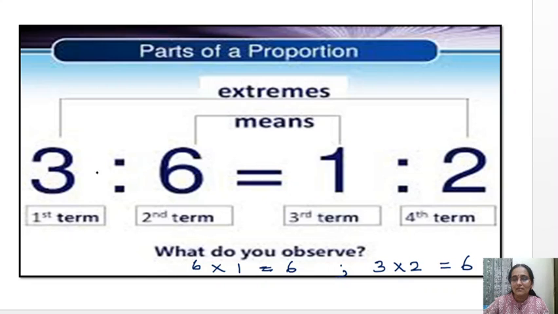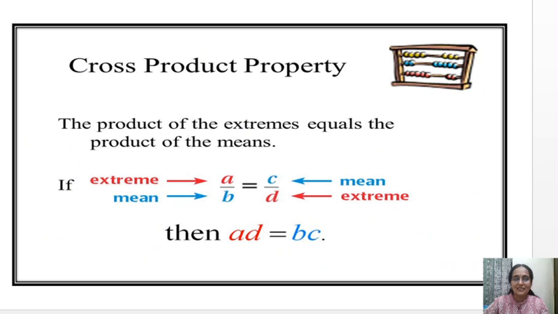Here, the first term and fourth term are on the extreme part of these four terms, right? They are known as extremes. The second term and third term are known as means. Product of means is equal to product of extremes. That is the meaning of proportion.